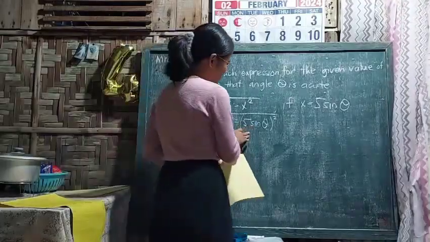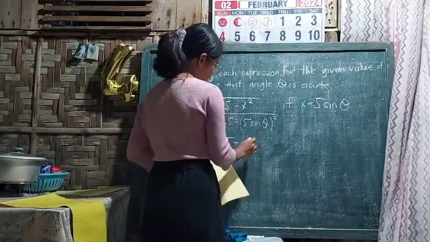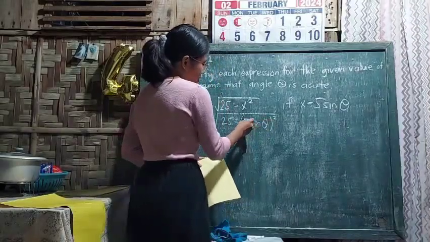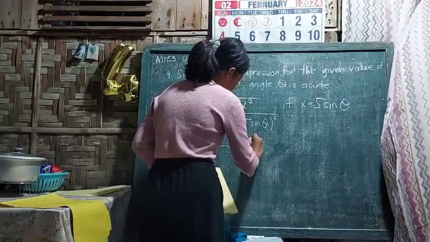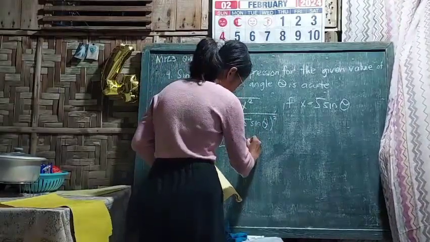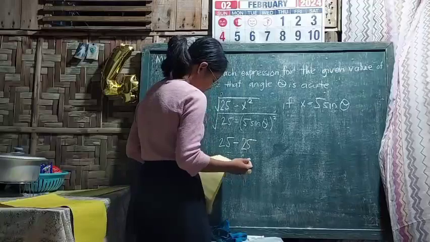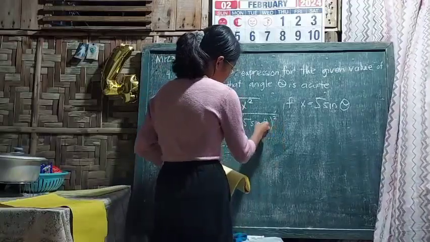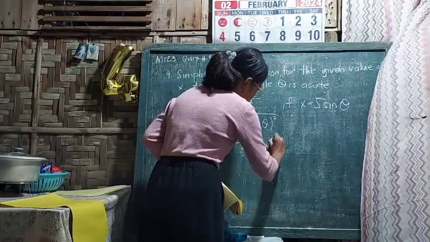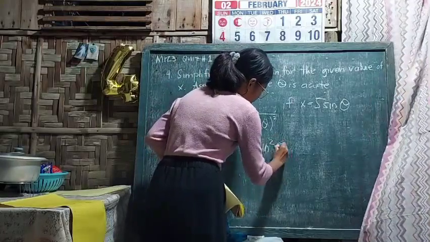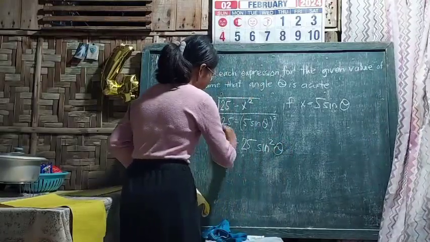We are going to square 5 sine theta. 5 squared would be 25, and sine theta squared would be sine squared theta. Still under the square root.